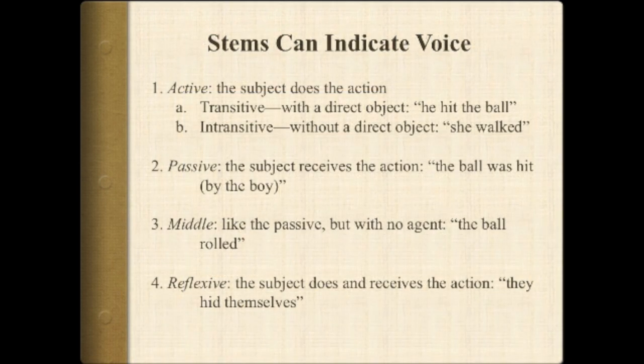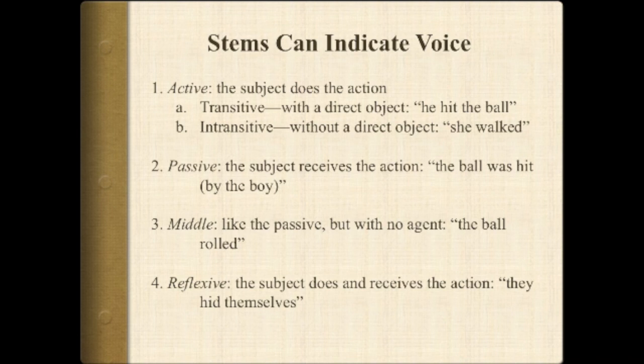Now, what do these do? What difference does it make if a verb is in a different stem? Say a piel instead of a qal, or a hifil instead of a qal. Well, one thing that it does is it can indicate what is called voice. Now, voice includes active, passive, middle, and reflexive.